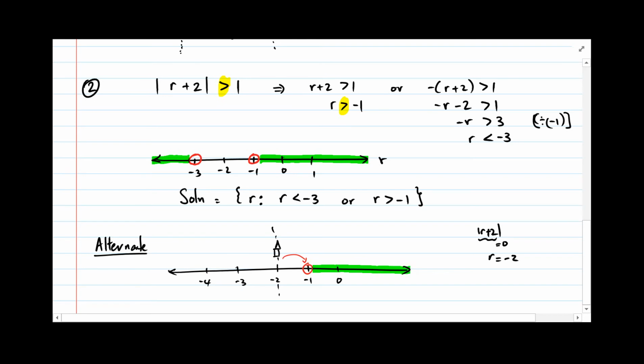So indeed I match up with what's there. And likewise, if I move to the left more than 1 unit, then I'm going to everything below negative 3. So there we go. We match the same thing as doing it the formal way. So yes, when they're simple enough, you can do that.